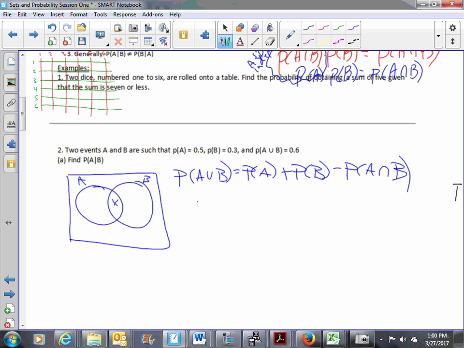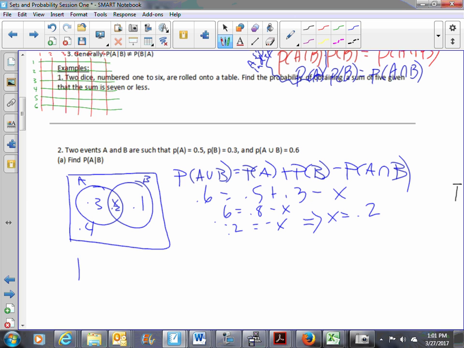And so we can say 0.6 is equal to 0.5 plus 0.3 minus X. And so we get 0.6 equals 0.8 minus X. Subtract 0.8 from both sides: negative 0.2 is equal to negative X. So X is equal to 0.2. Let's just put these in here: 0.2, 0.3, 0.1, 0.4.